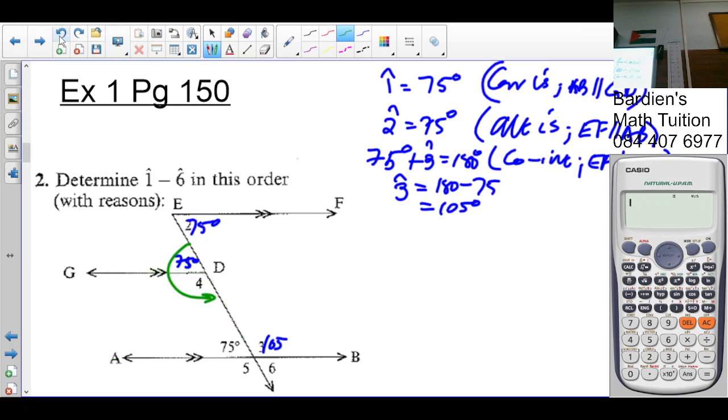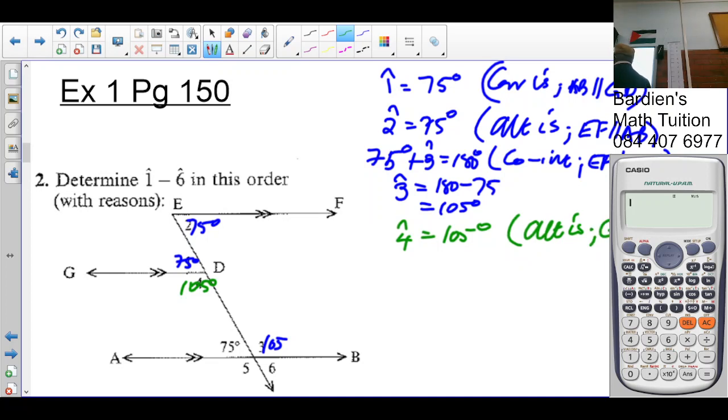I'm going with alternate angles. That's 105. So angle 4 is 105 degrees, alternate angles with GD parallel to AB.